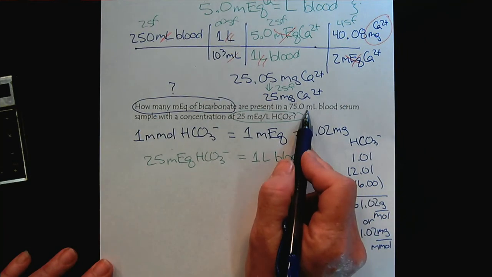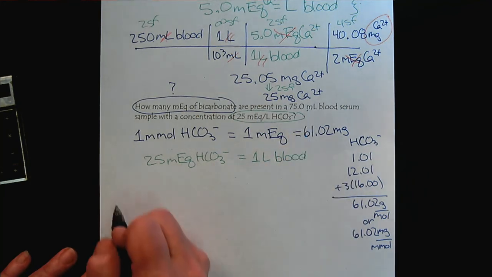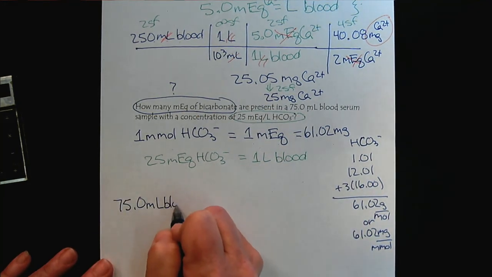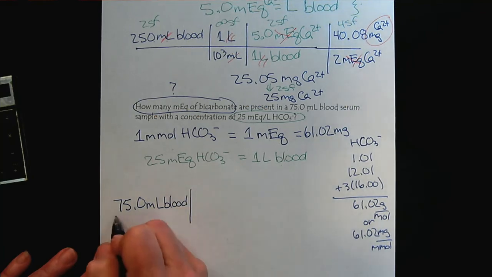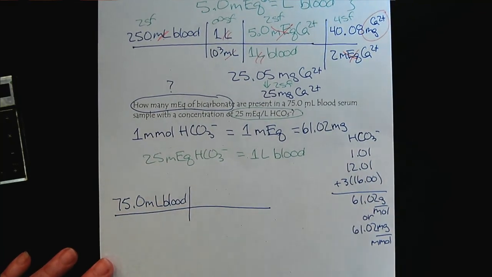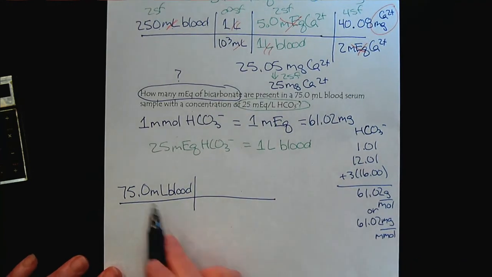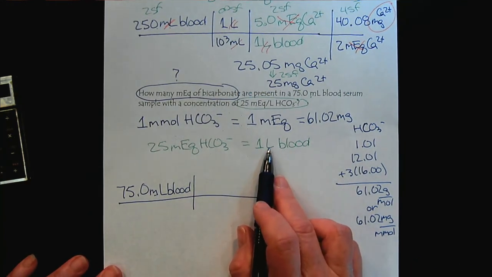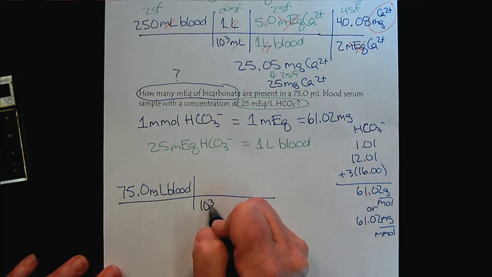And so where do we start? The only thing left is we have a 75 milliliter blood sample. Once again, we have that unit disconnect: our sample is in milliliters, but the information in the question is in liters. So we bring in our unit conversion.